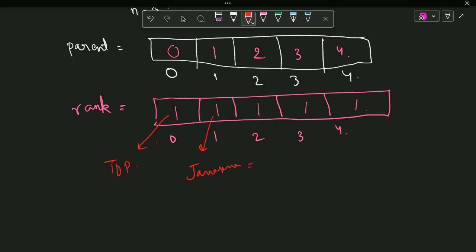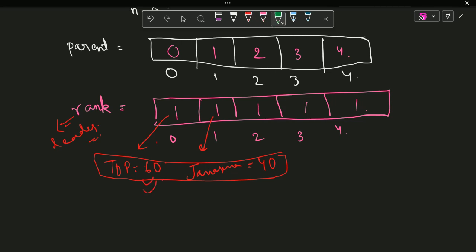Rank is used to find out the leader. In AP politics, suppose TDP has 40 seats and the other party has 30. If we want to make a union of these two, who will be the leader? The TDP will be the leader of the whole union.